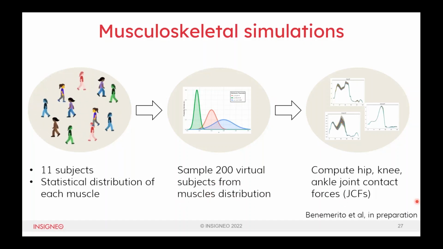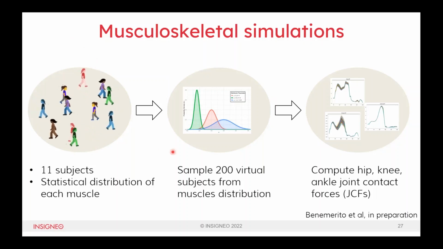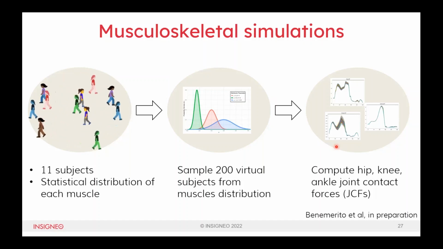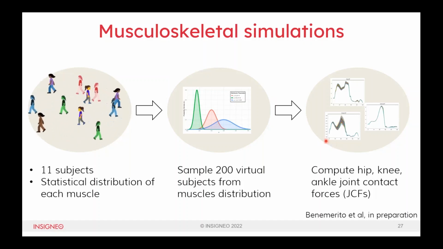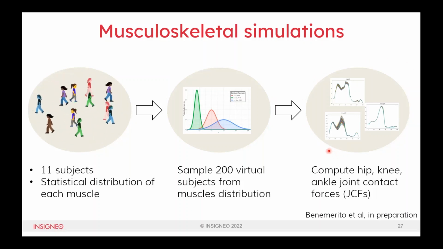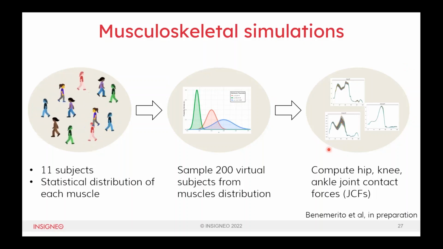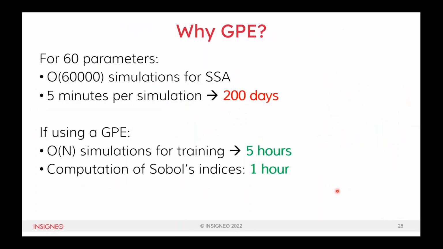And once we had the statistical distribution, we were able to draw 200 virtual patients from this distribution, and these patients were representative of this population and could be used as input for the musculoskeletal simulation. So we simulated 200 different virtual women, and computed the hip, knee, and ankle joint reaction forces during gait.